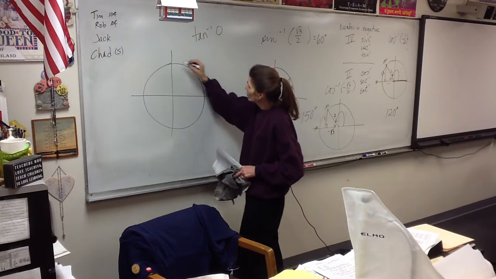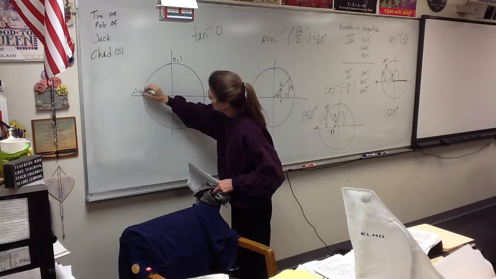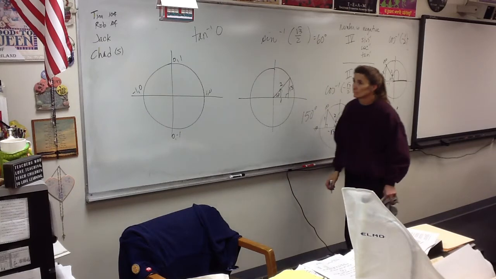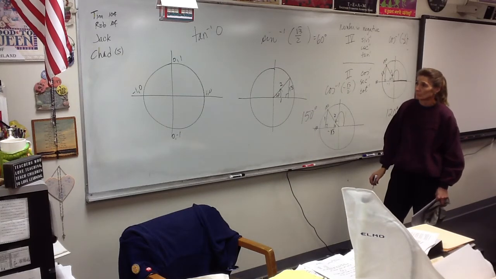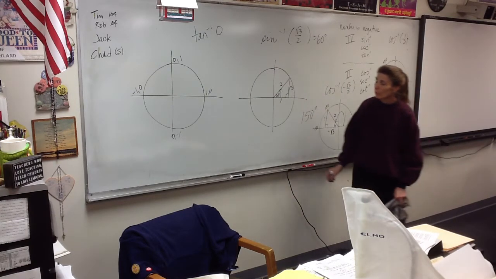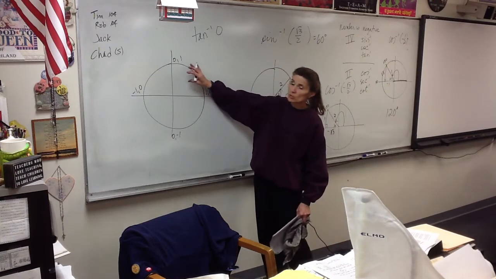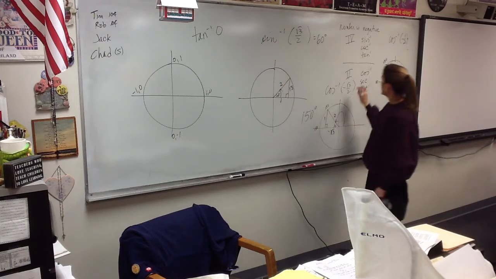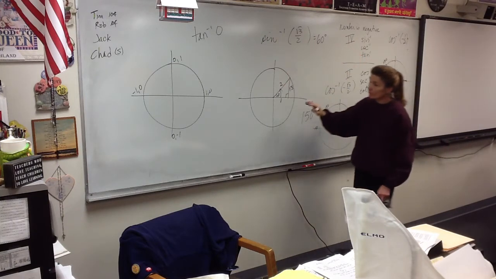So you're going to look around your circle here. We're going to look up here. This is where we look at if the numbers are positive. And for the tangent, we look in quadrant 4.